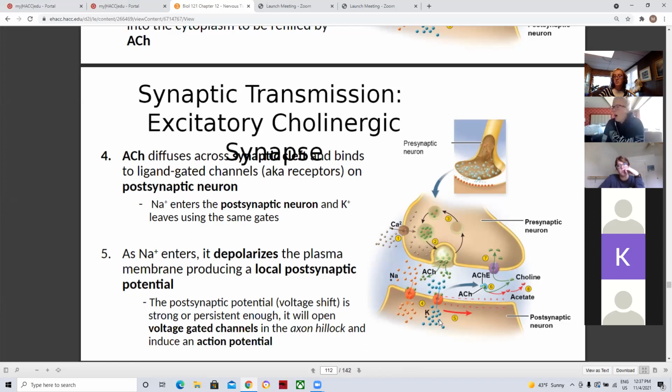And therefore the neurotransmitter at that point is going to enter the synaptic cleft. Neurotransmitter is going to diffuse across the cleft and bind to the receptors on the postsynaptic neuron. If they're excitatory channel gates, sodium is going to be able to enter the postsynaptic neuron and cause an excitatory postsynaptic potential.